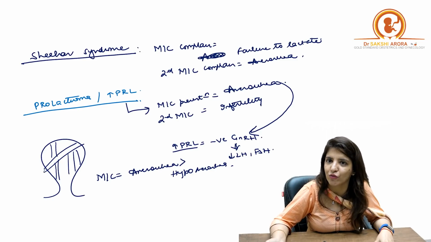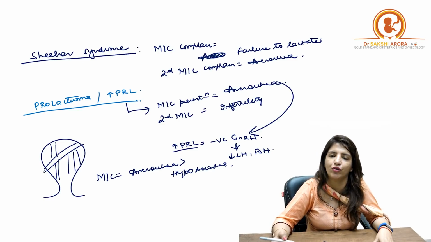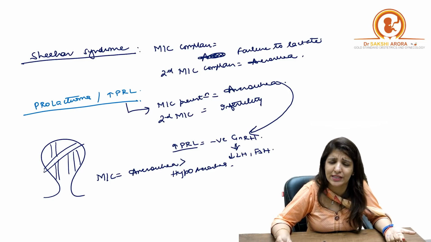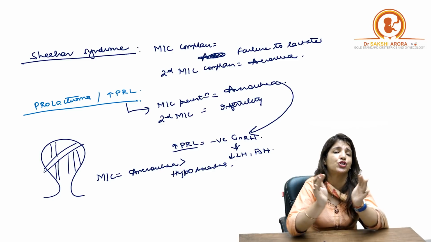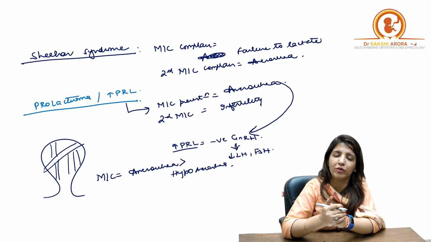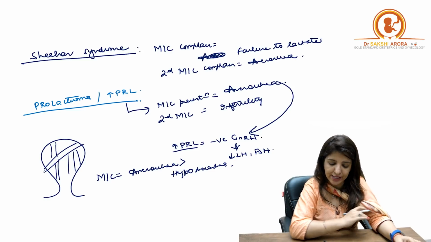What is the management of choice? Hysteroscopic adhesiolysis, followed by insertion of a balloon catheter. Right, a pediatric Foley's catheter generally we do. We insert a pediatric Foley's catheter so that the adhesions do not form again, and because we want to build up the endometrium, we give them estrogen and progesterone therapy, right?